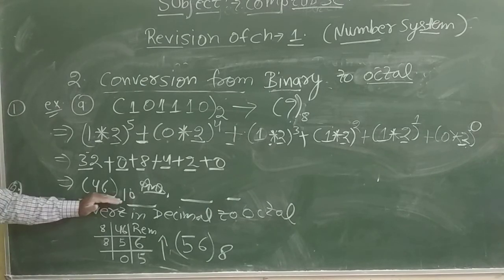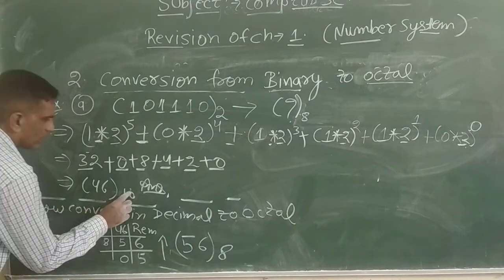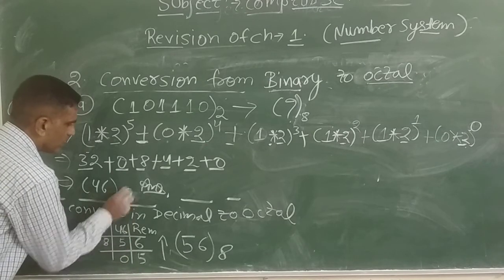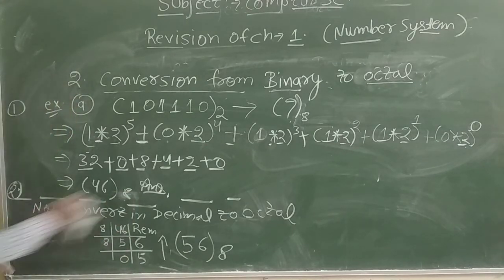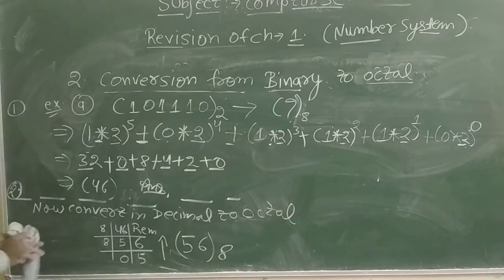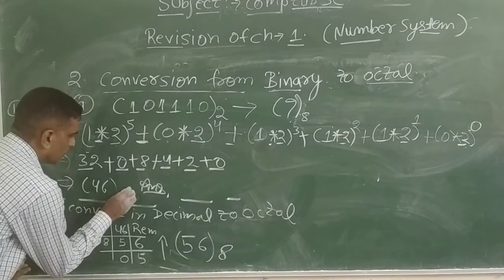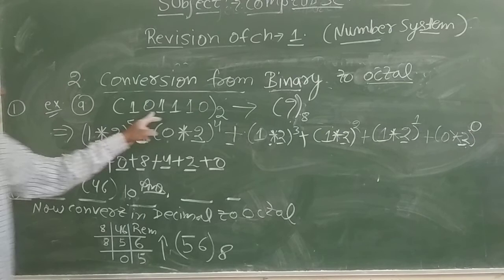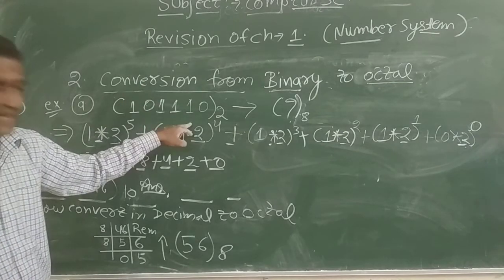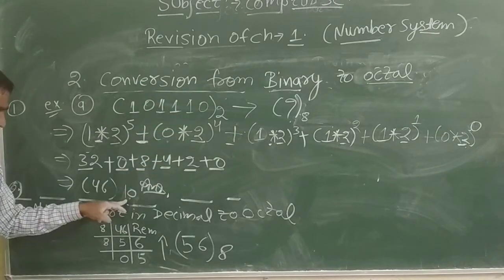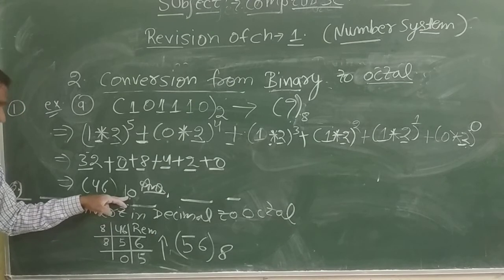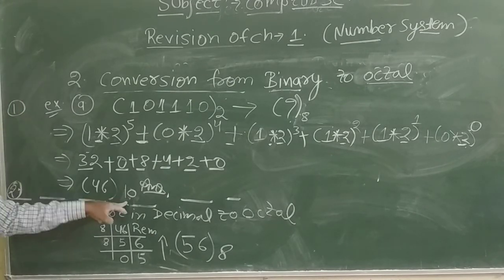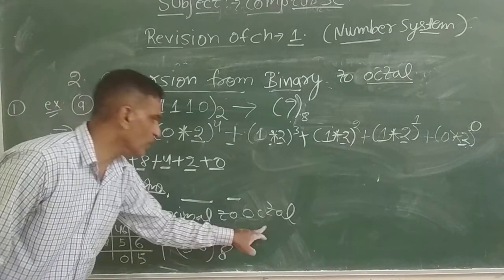Here, this is a wrong portion, because to convert binary to octal, first of all we have to change into a decimal number. That's why I have written here 10. 10 is the form of decimal number. And the decimal number we change into the octal number series.